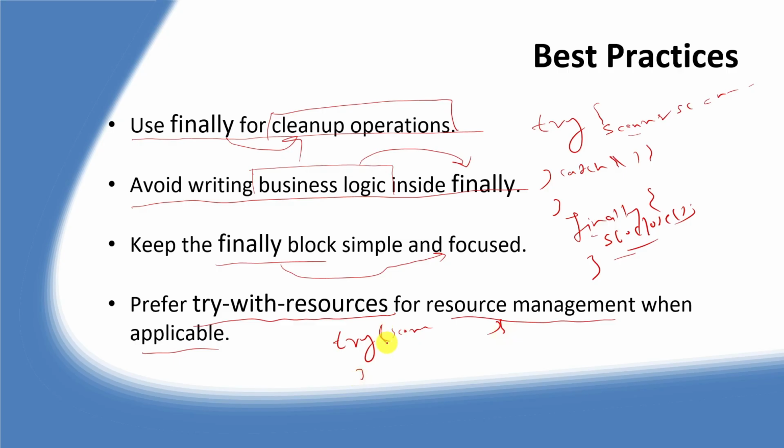If we use parentheses after try and provide the class, whatever resource we are using, we do not need to close the resource explicitly. It will close the resource automatically once it is used. That is an advantage of try with resources. Let's focus on the finally block for now.